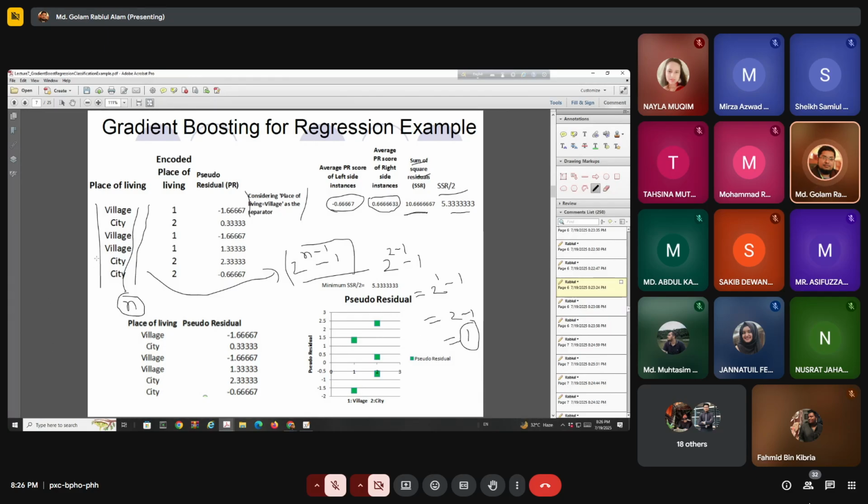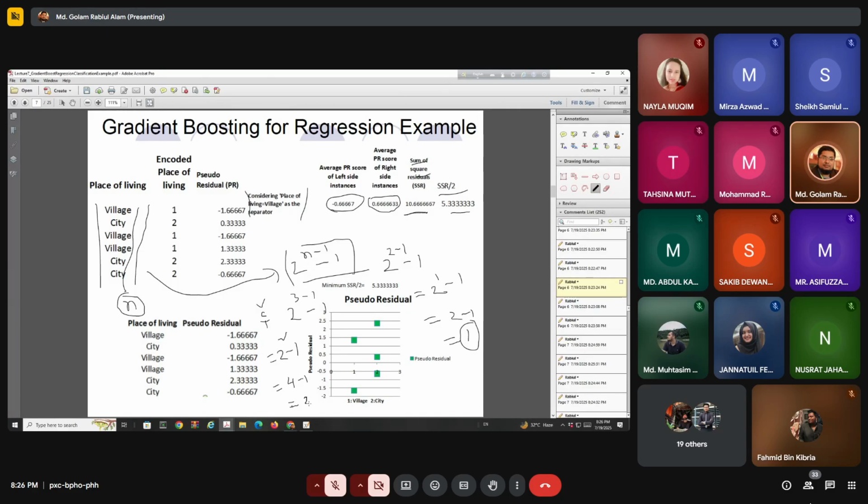If we have another one, like village, city, and town, three types, then in that case 2 to the power 3 minus 1, and then minus 1. It is 2 squared minus 1, that is 4 minus 1, that is 3.